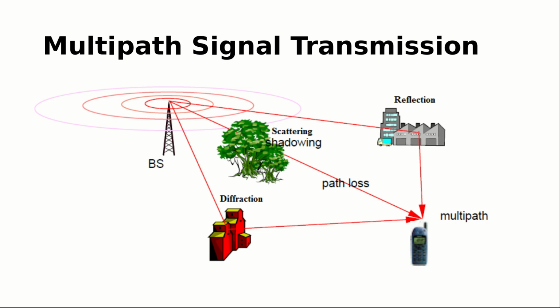That signal is reaching the mobile by passing through multiple paths. So all signals are reaching the mobile at different times. That's what we call multipath.